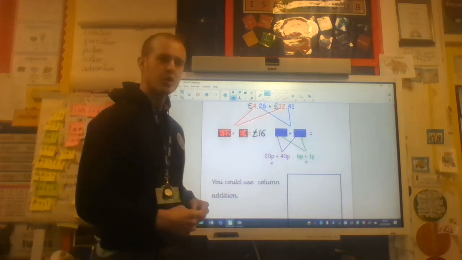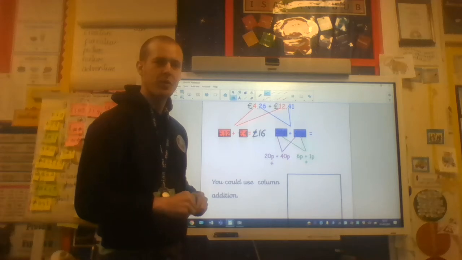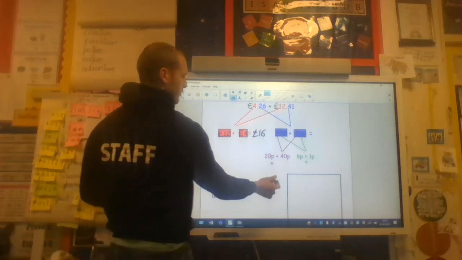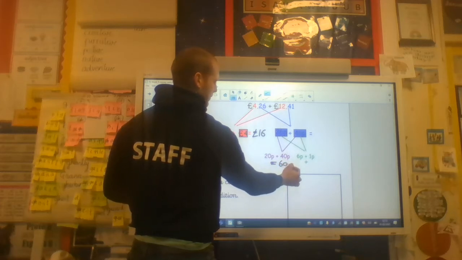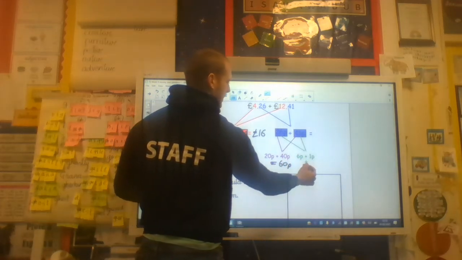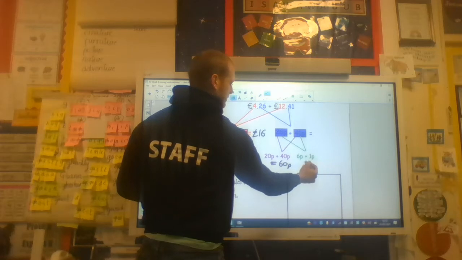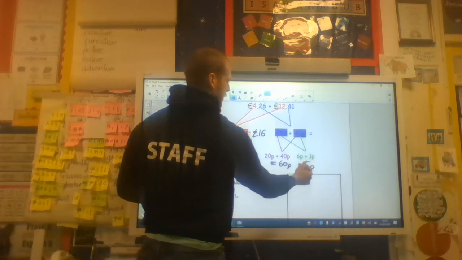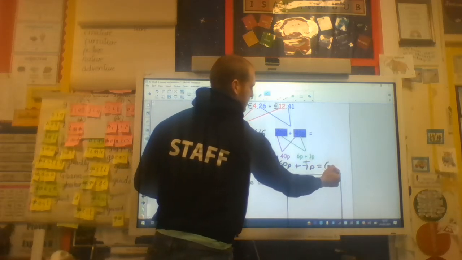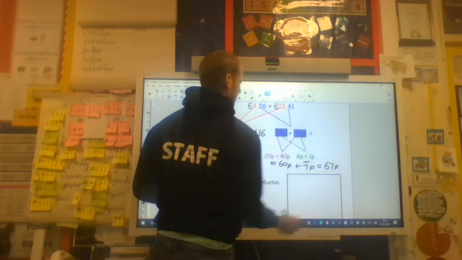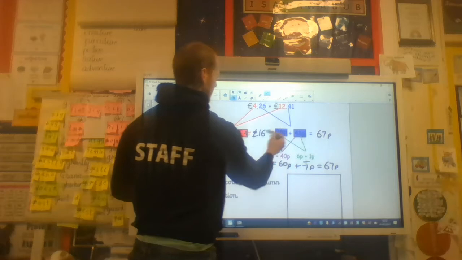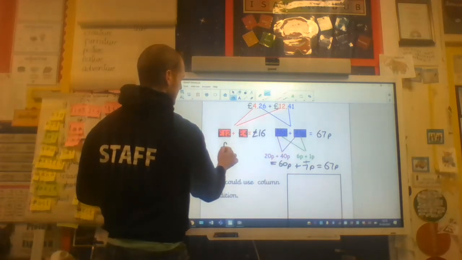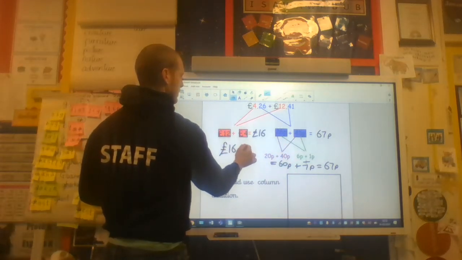Next I've got 26 pence add 41 pence. 20 add 40 equals 60. 6 and 1 equals 7p. 60p add 7p equals 67p. That would be in total £16.67.